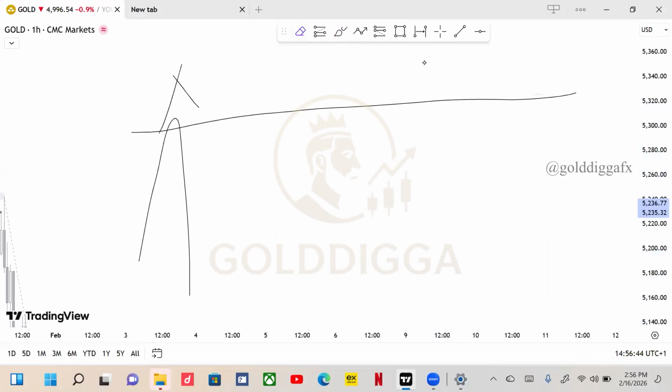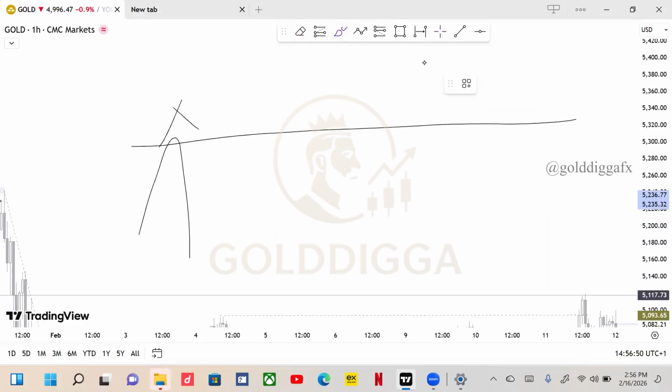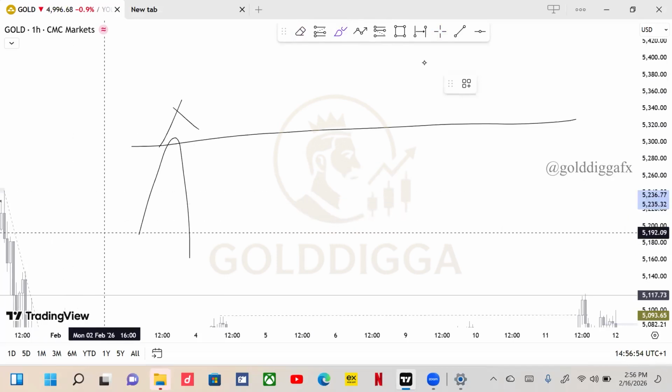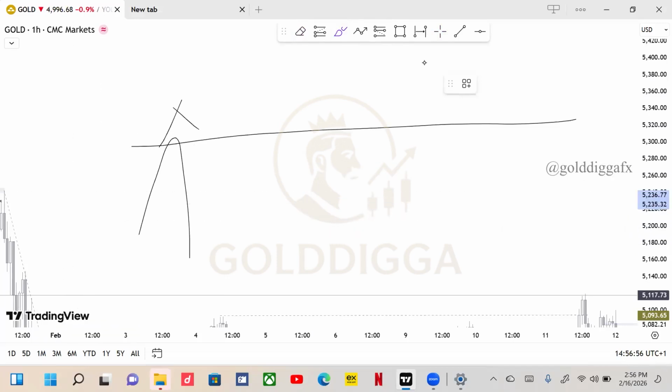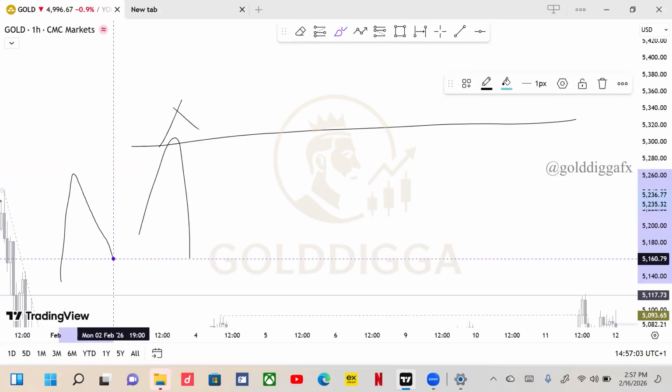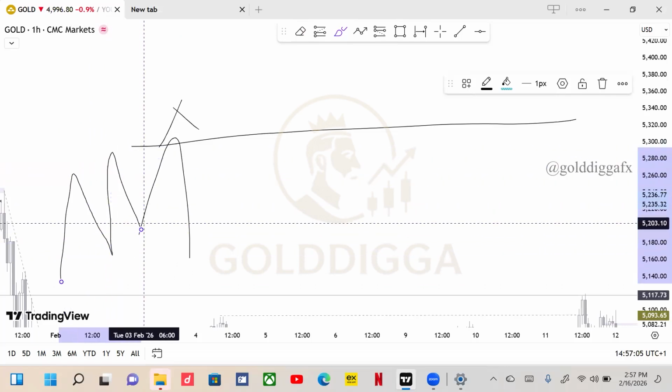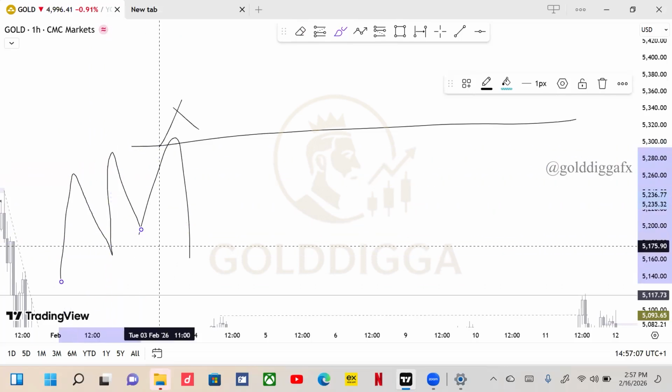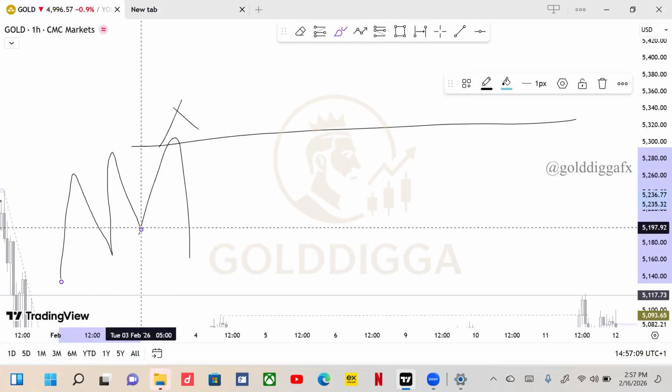So this is the second type of trend line you could look out for if that's your entry point and you want to take a sell. Let's say price had previously done something like this, and then you have this low, this low.